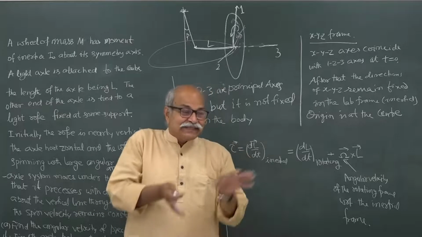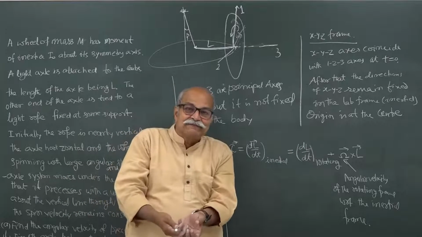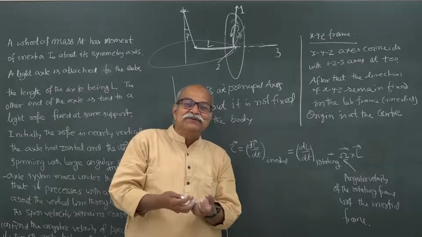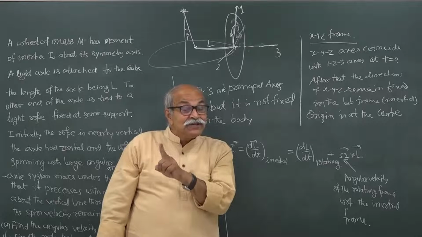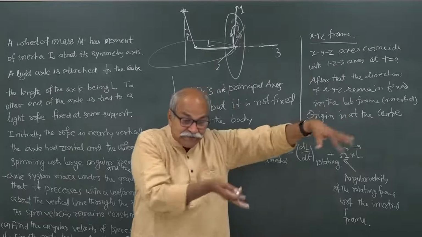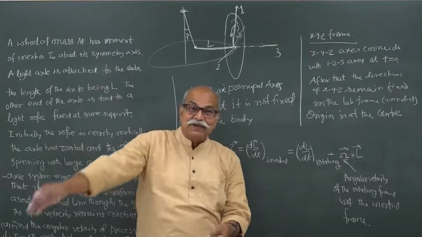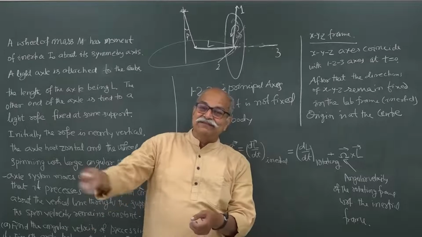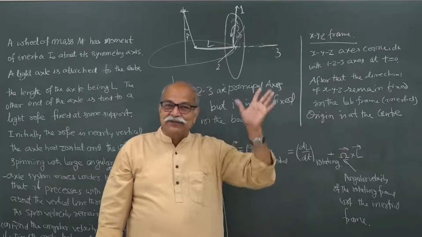It is a translation of the frame, and we only have to use pseudo forces, which are mass of the particle into acceleration of this frame, and that acceleration is the same for all points of the frame. It is just that whatever origin is going with some angular velocity capital omega, omega square times the radius of that circle, and in the opposite direction.